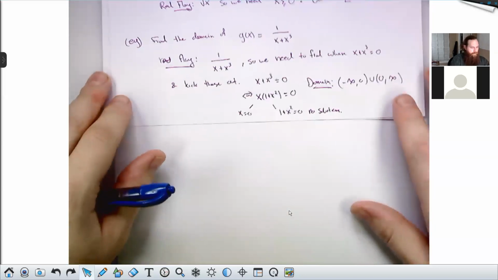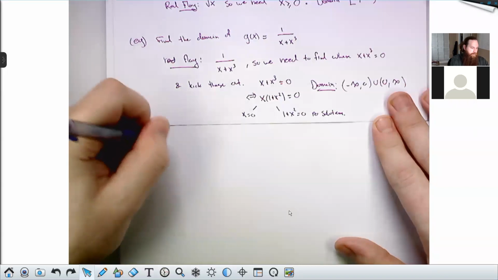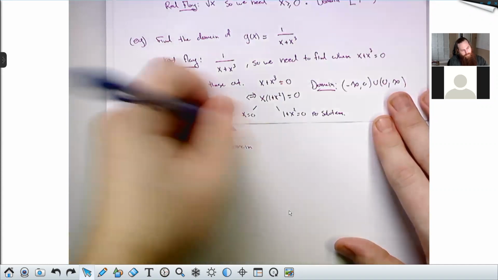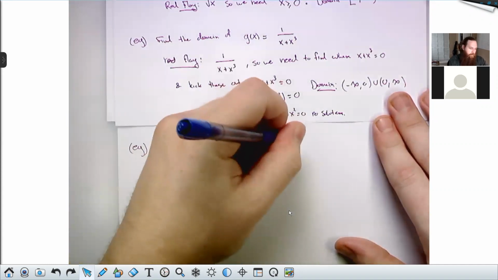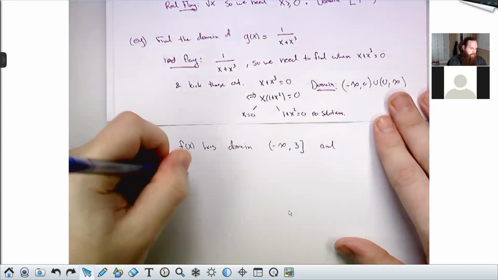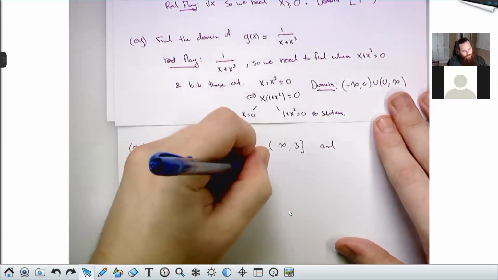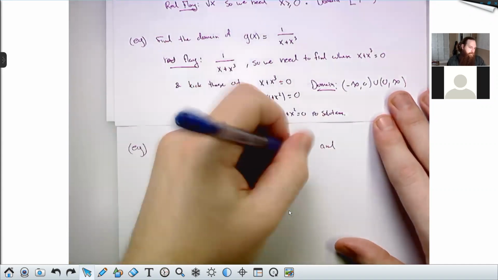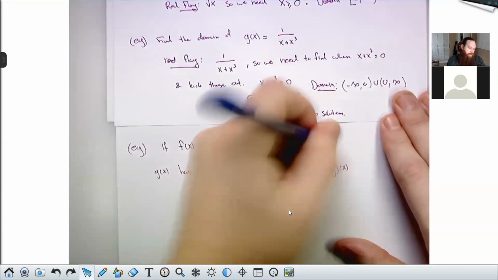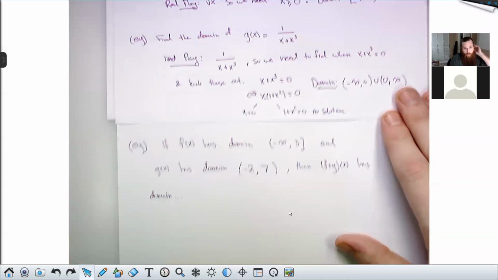So last little point here to wrap up what Lily was saying in chat. Yes, the easiest way to find the overlap between two sets: if f of x has domain, let's say, negative infinity up to 3, and g of x has domain negative 2 to 7, then f plus g has domain... we need to look at the overlap.